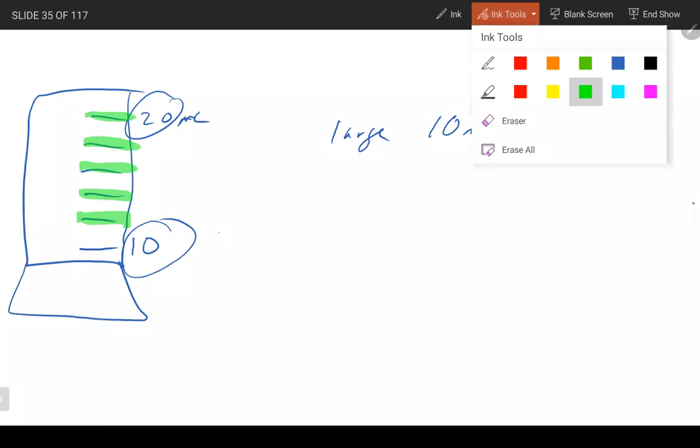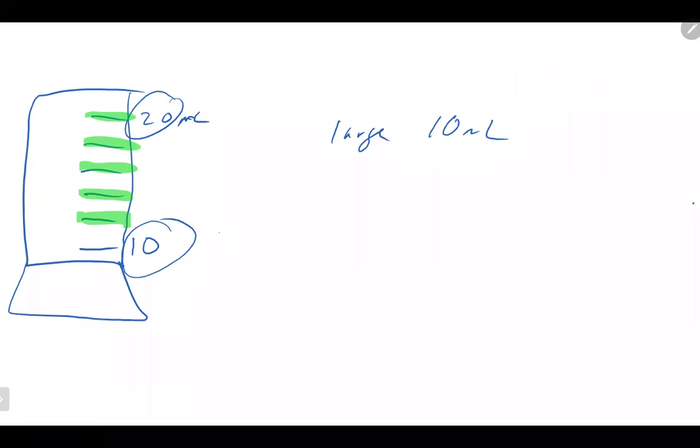So I have 5 markings, which means each of my smallest markings represents 2 milliliters, because 10 divided by 5 is 2. That gives you 12 here, 14, 16, and 18 would be a better number there.